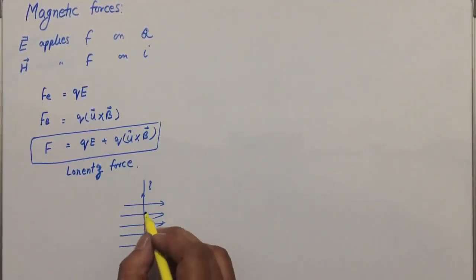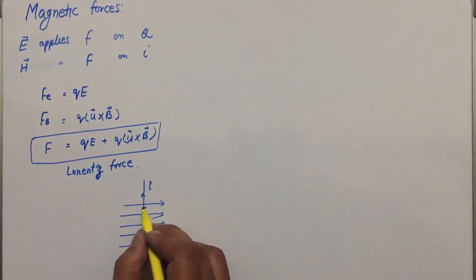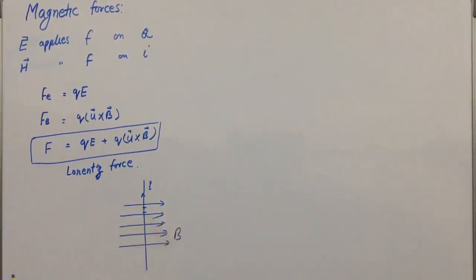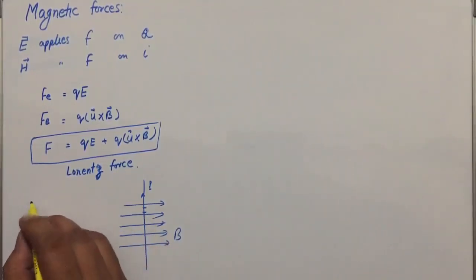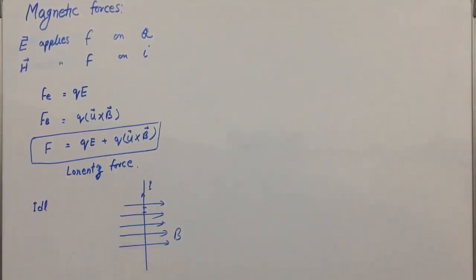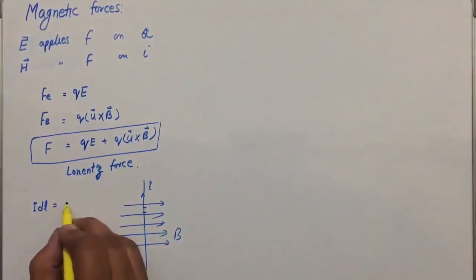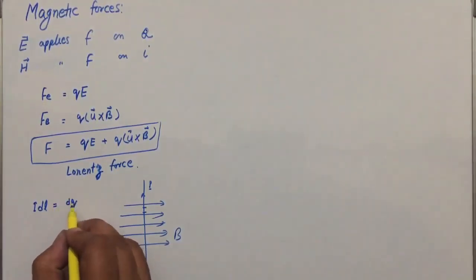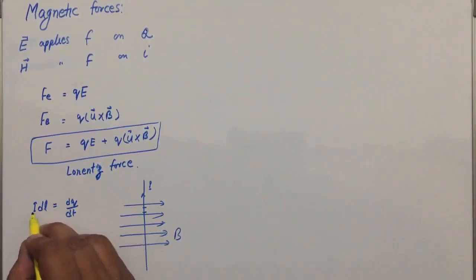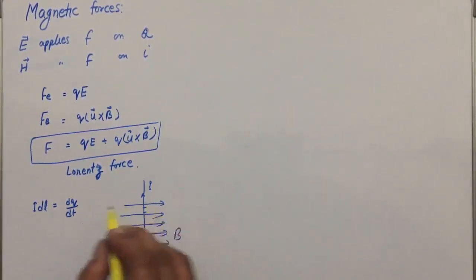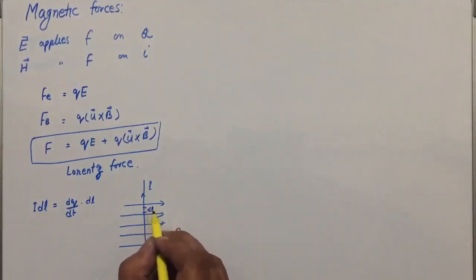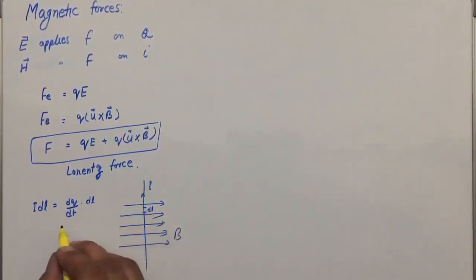For that purpose, consider a part of this conductor. The total charge there gives I dl, the current element. This is dq over dt, that is I, and dl for this portion, the current element.